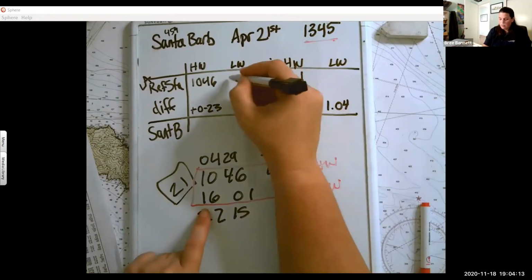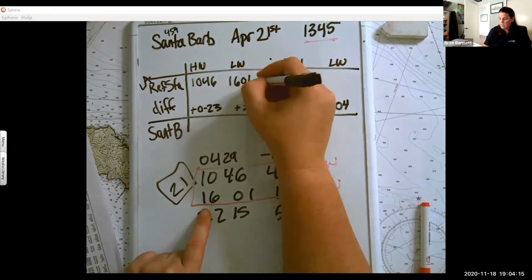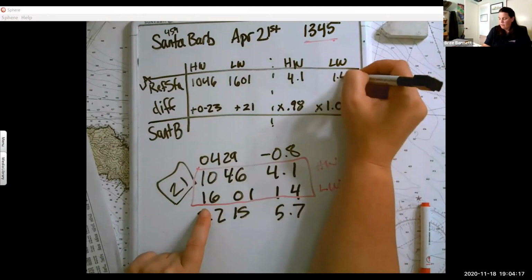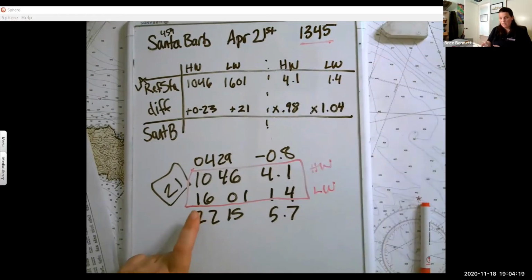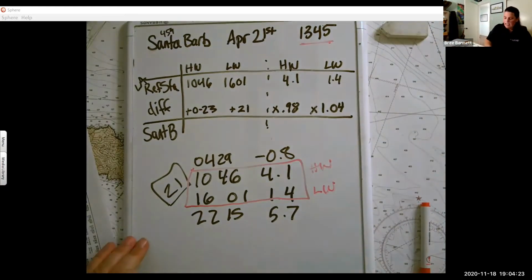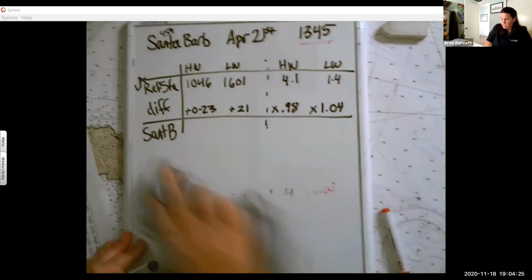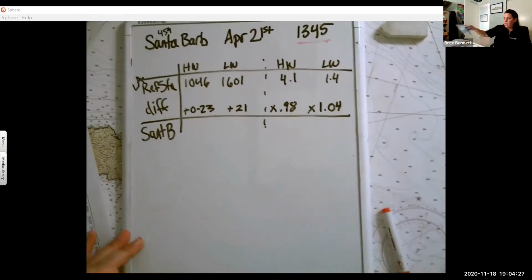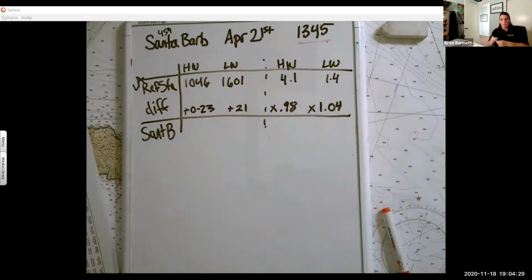Low water was at 1601 at 1.4 feet. So now I have kind of my equation here. And I am going to apply these differences.